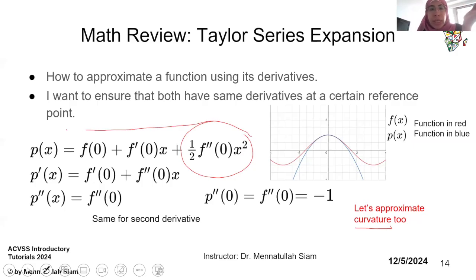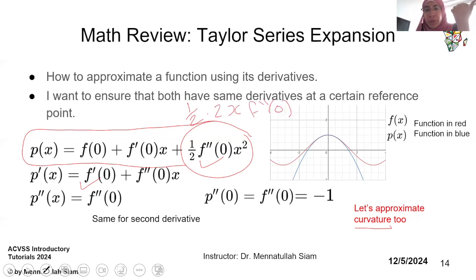So you can see here, now I have additionally this f double bar of 0 multiplied by half x squared. If you take the first derivative, it is just going to be f bar of 0, and from the second term I have half multiplied by 2x f double bar of 0.